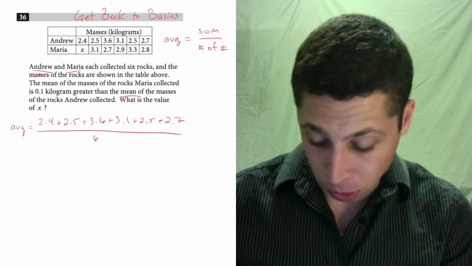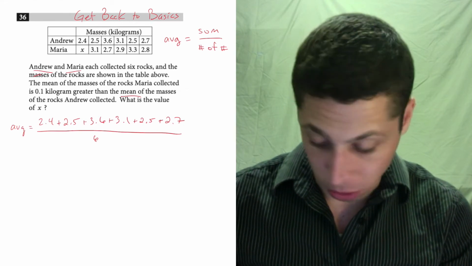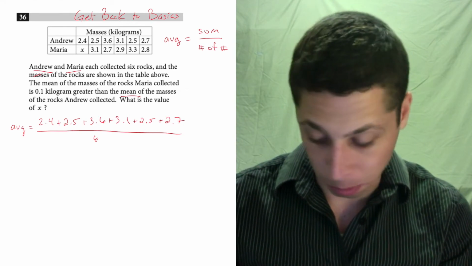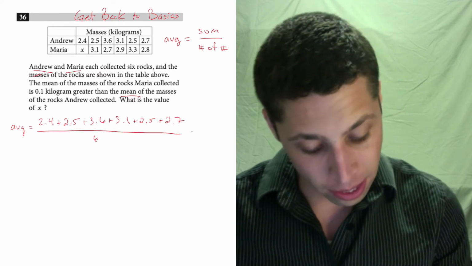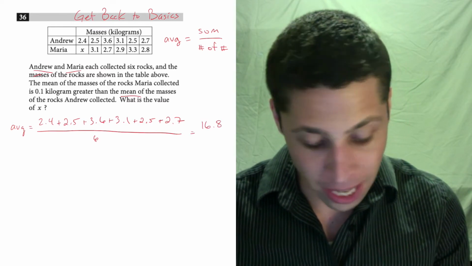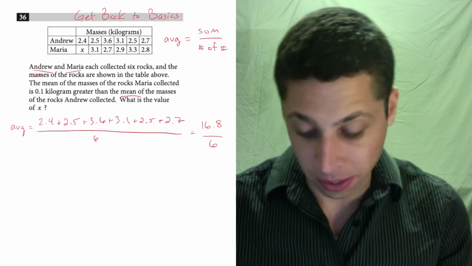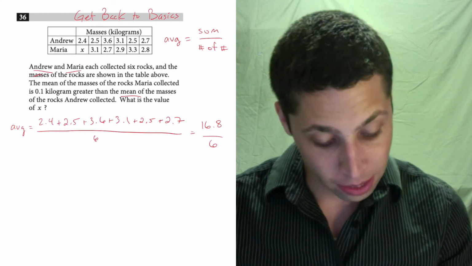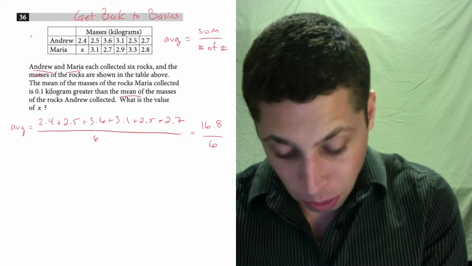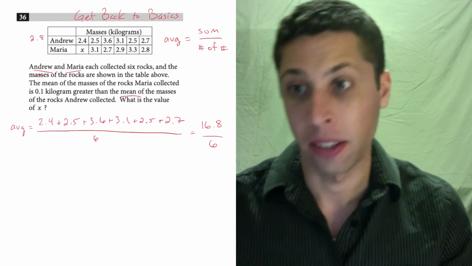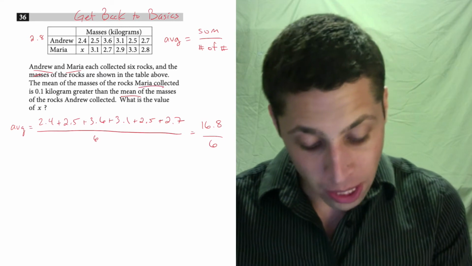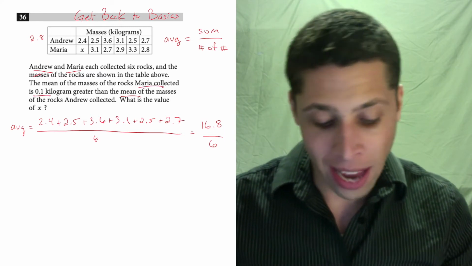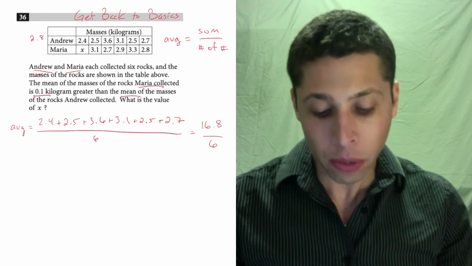So I would not be able to do this in my head. 2.4 plus 2.5 plus 3.6 plus 3.1 plus 2.5 plus 2.7 is 16.8, divided by 6 is an average for Andrew of 2.8.